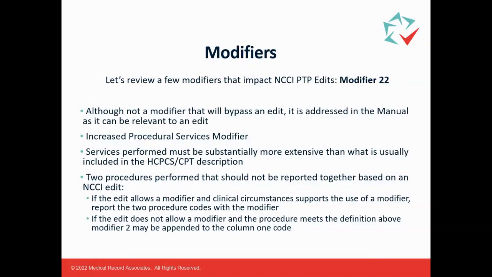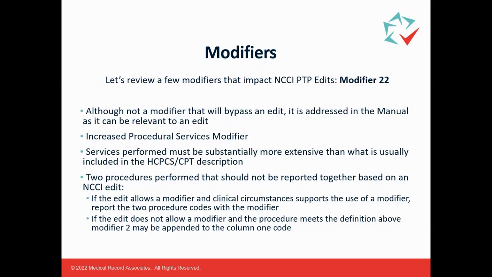This first one, modifier 22, doesn't bypass an edit for you, but it is addressed in the manual as it can be relevant to an edit. So this is an increased procedural services modifier. In order to report this modifier, services should be substantially more extensive than what is usually included in the given HCPCS or CPT code description that you are reporting.